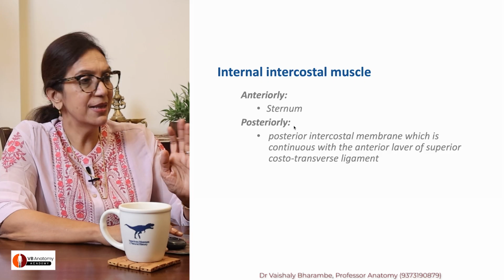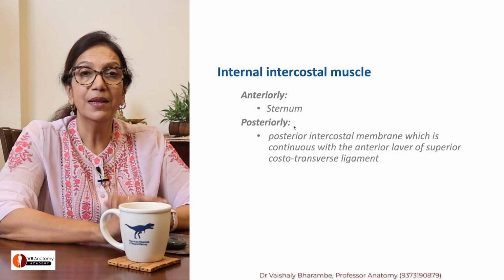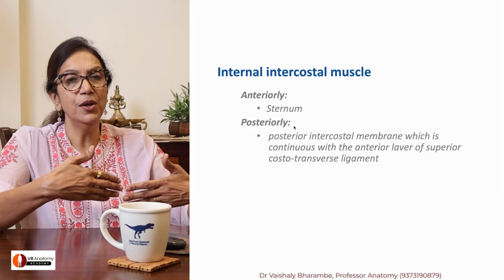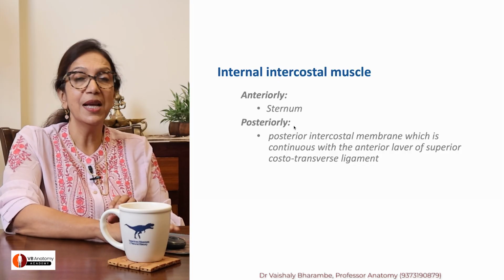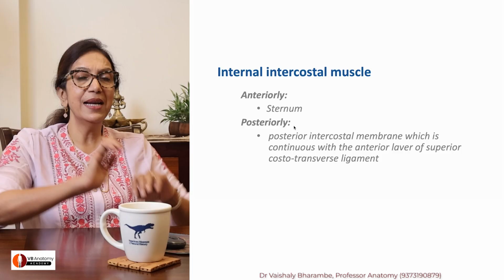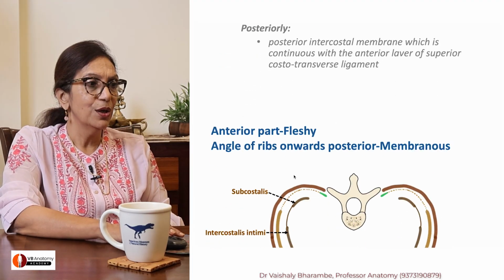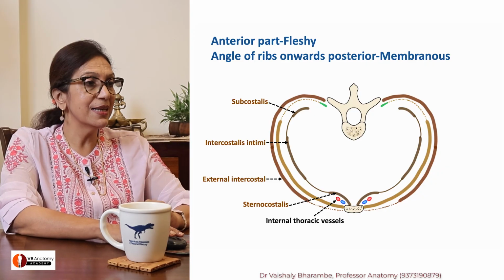Having understood this, let's go on to talk about the internal intercostal muscle. This is special because anteriorly it's related to the sternum. Posteriorly, it forms a membrane called posterior intercostal membrane, and then it's continuous with the anterior lamina of superior costotransverse ligament. Again, the same image that you've drawn, so you're going to find this very easy now.